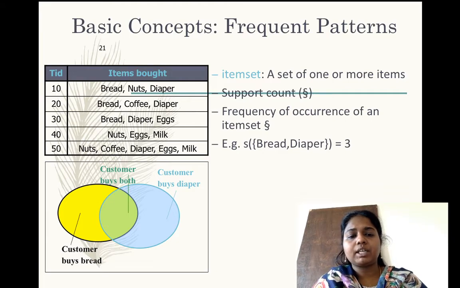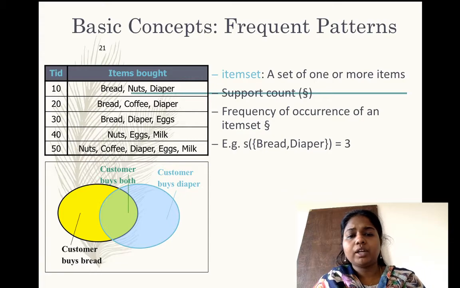So I represent it as S of the set bread and diaper is 3, or the support count is the number of transactions in which both these items are present. I have transaction ID 10, transaction ID 20 and transaction ID 30 in which both bread and diaper are present. So my support count is going to be 3.